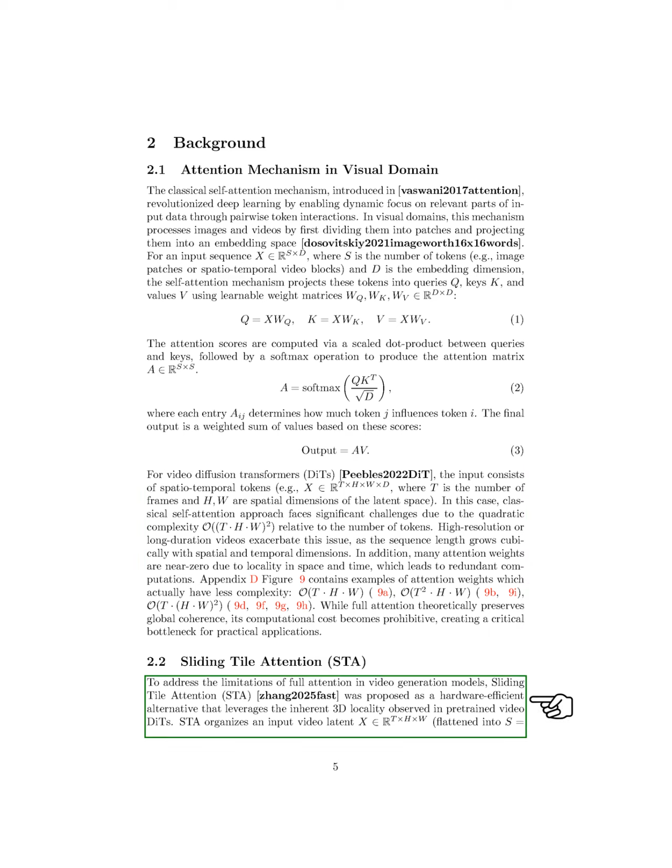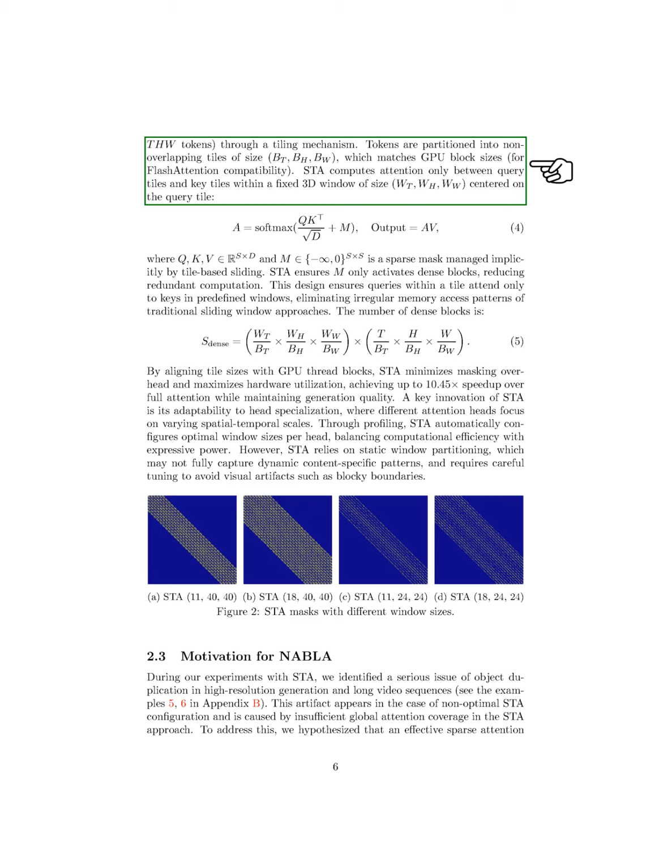To overcome the limitations of full attention in video generation, we introduced sliding tile attention, STA, which is a more efficient alternative that takes advantage of the 3D locality in pre-trained video models. STA organizes the input video into non-overlapping tiles that match GPU block sizes.